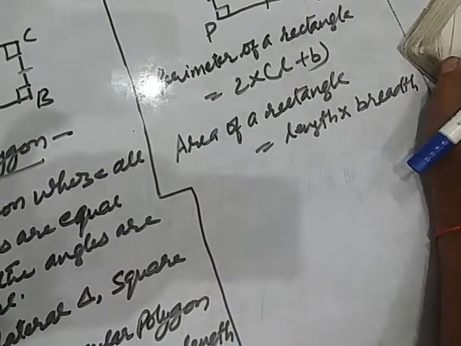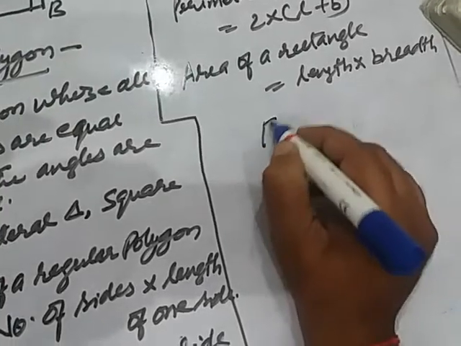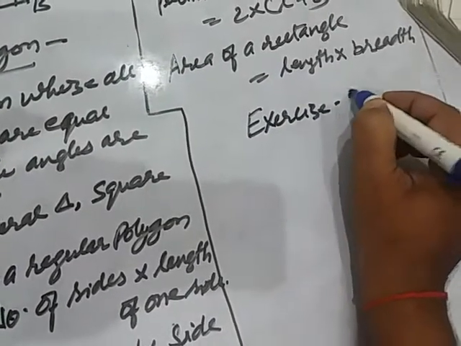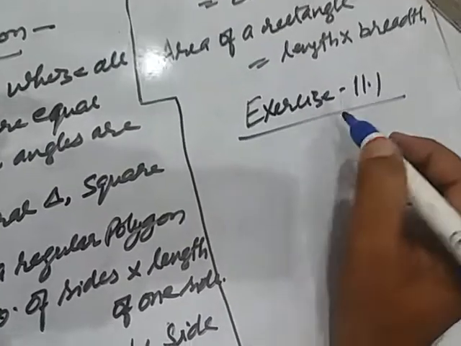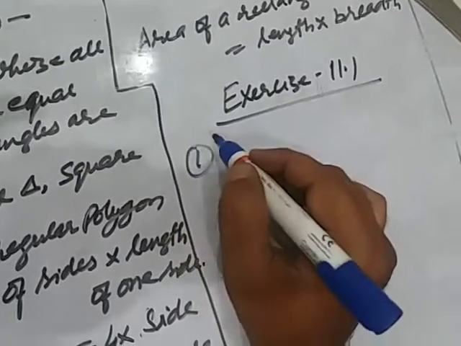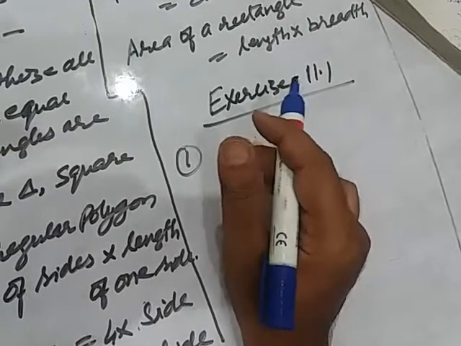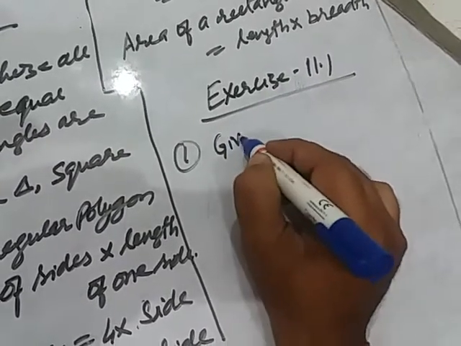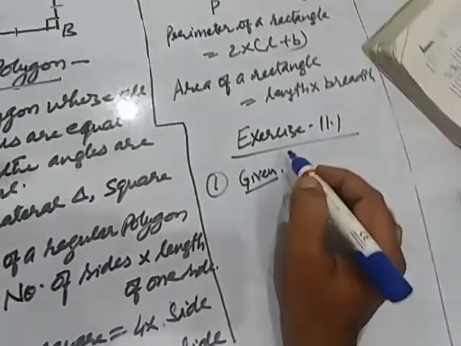Now let us see exercise 11.1. Let us see question number 1. Question number 1 states that the length and the breadth of a rectangular piece of land are given here. I am not going to write the entire text of the question.